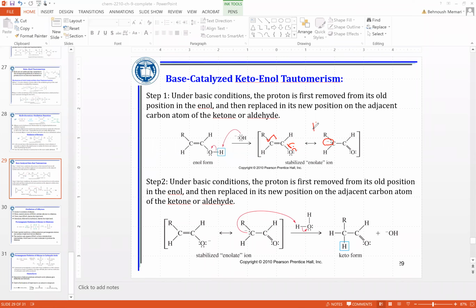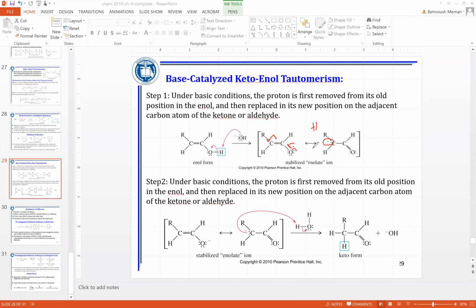So we have the anion here. After you protonate, it would change to the aldehyde or the keto form. The general name is the keto form, but we know that this functional group is an aldehyde functional group.